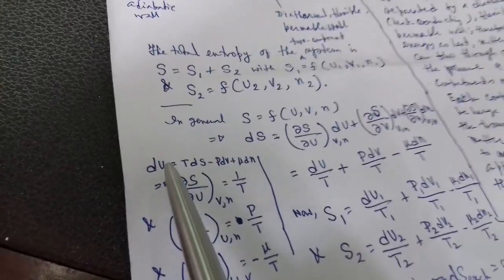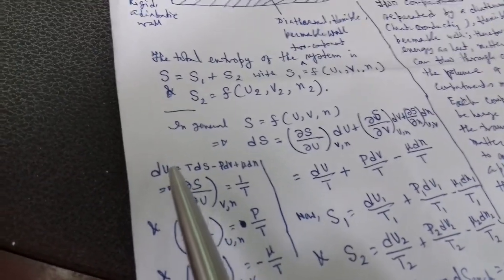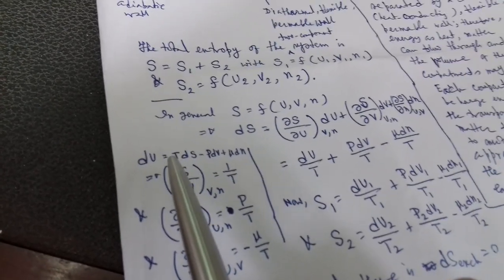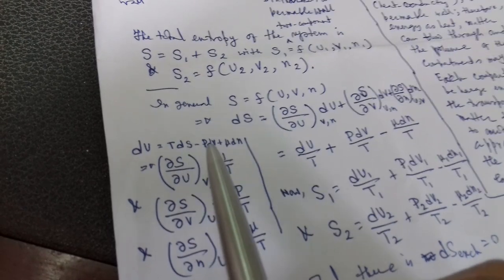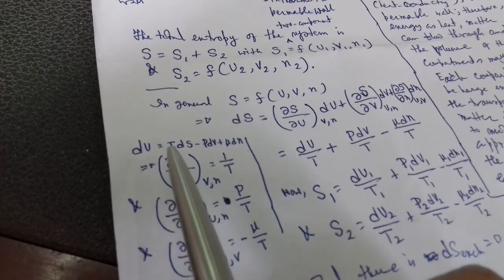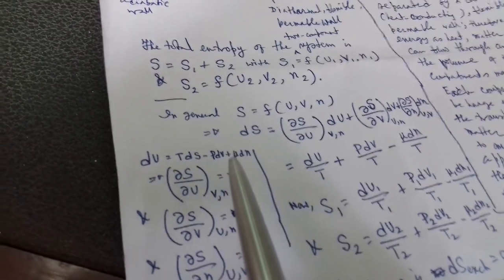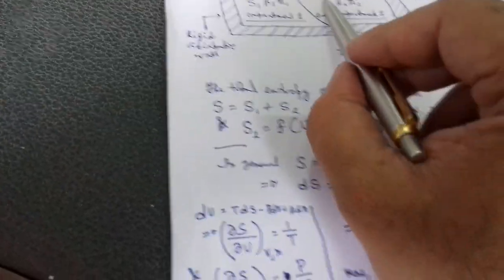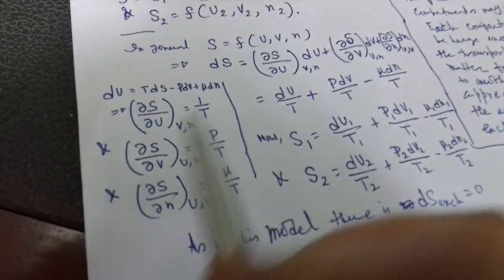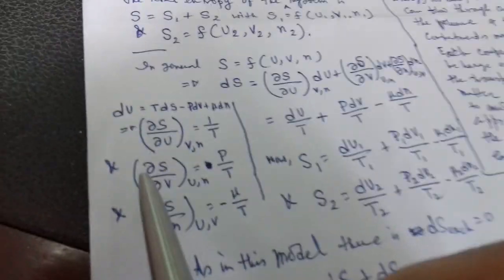For a closed system, dq equals dU plus PdV, or dU equals TdS minus PdV, but for an open system, dU equals TdS minus PdV plus mu dN. As these compartments are open, matter can flow from one compartment to another, so the formalism is made on the basis of an open system.